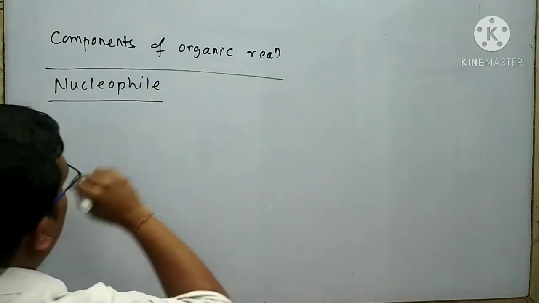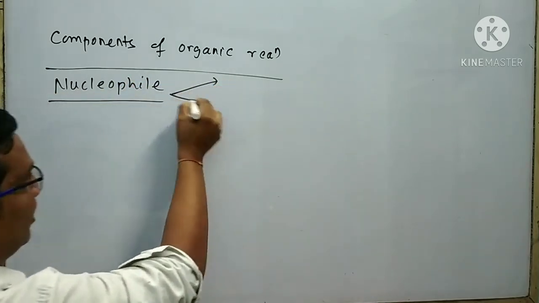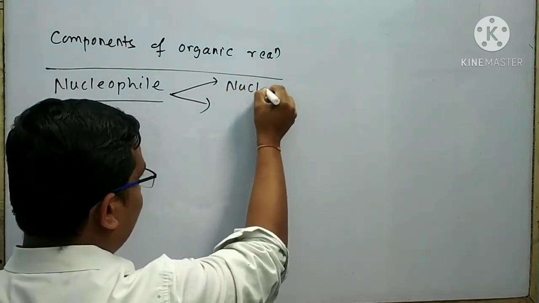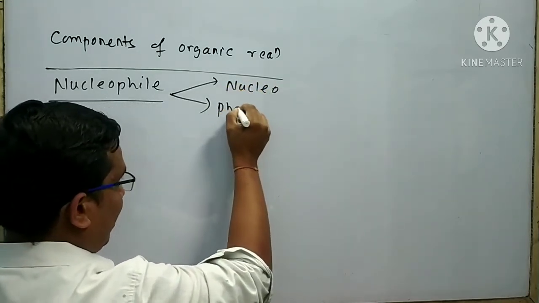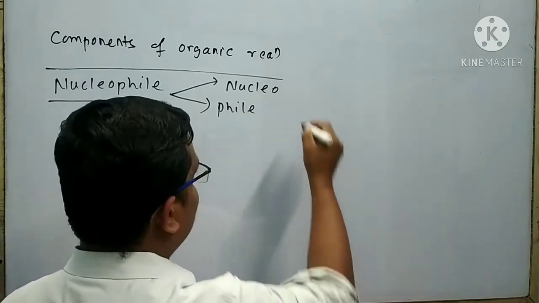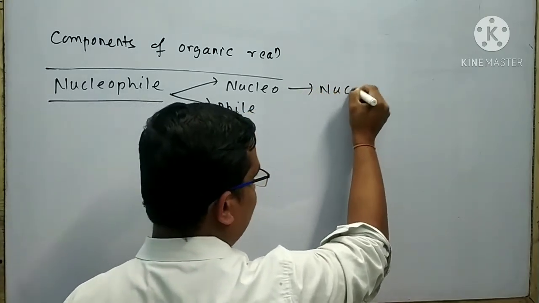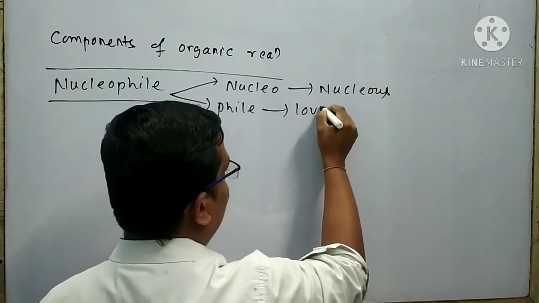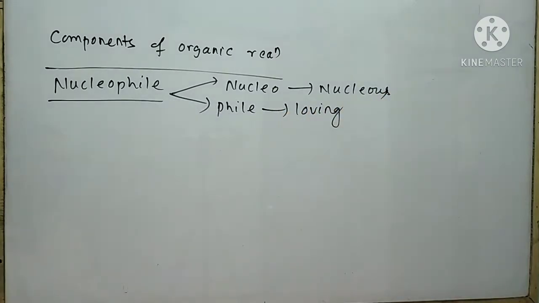The word nucleophile generally deals with two words. One is nucleo, another is phile. Nucleo means nucleus, phile means loving. That means nucleophile means nucleus loving.